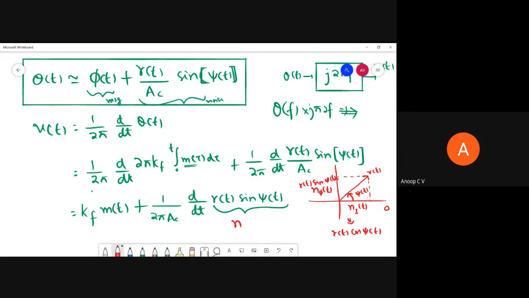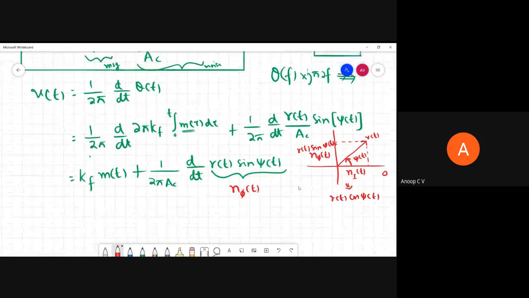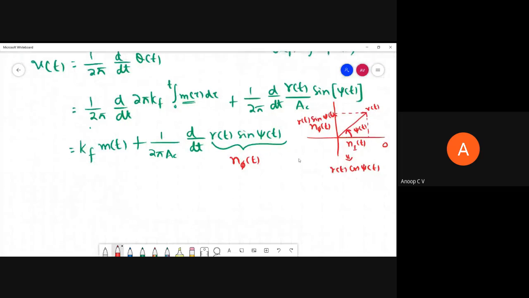This is nothing but the quadrature component of the narrowband noise. We have seen narrowband noise initially itself. We could represent it as the in-phase component times cos 2 pi fct minus the quadrature component times sine 2 pi fct.